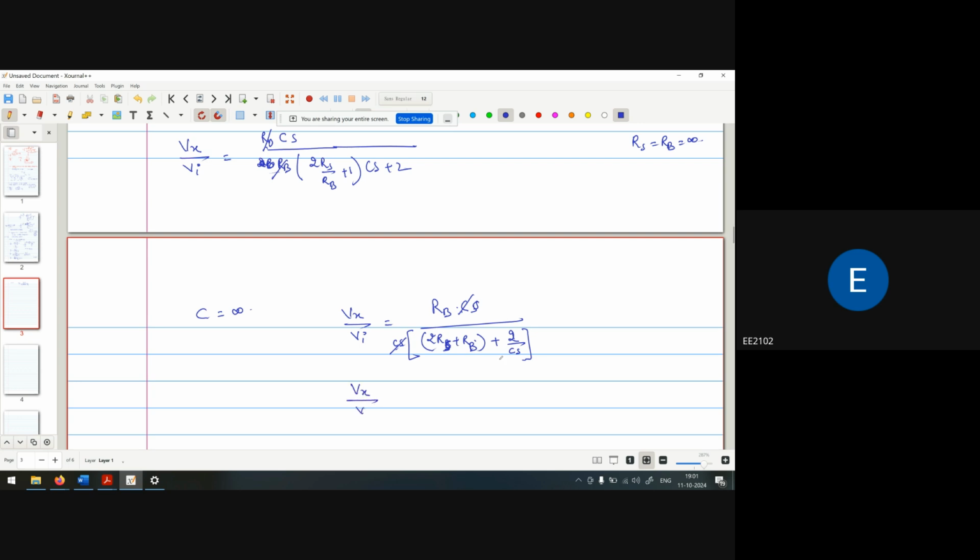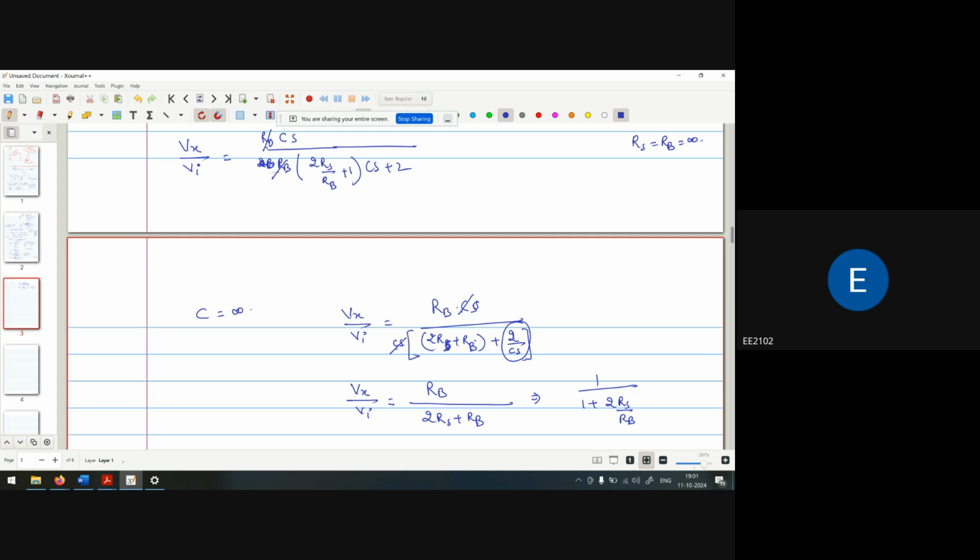So Vx upon Vi is equal to Rb upon 2Rs plus Rb, and this component is 0. Why? Because the capacitor is infinite, so 1 upon capacitor infinite is 0. So the value is 1 upon 1 plus 2 times Rs upon Rb.